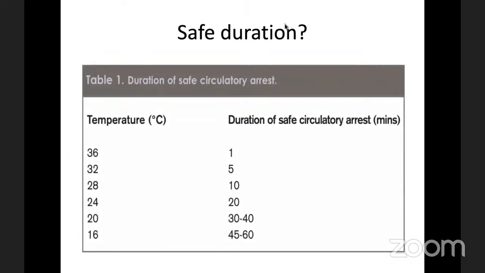Talking about safe duration, as you go down with the temperature, you have more time to do your procedure, right? So with a temperature of 36, you have only 1 minute, and then you go down until you reach, for example, 16. At 16 degrees, you have like 45 to 60 minutes safe duration to complete your procedure.